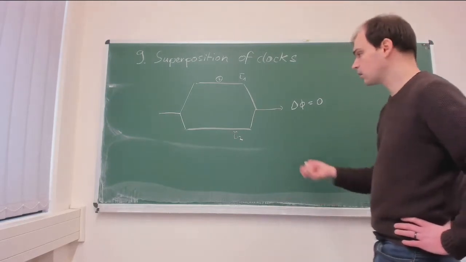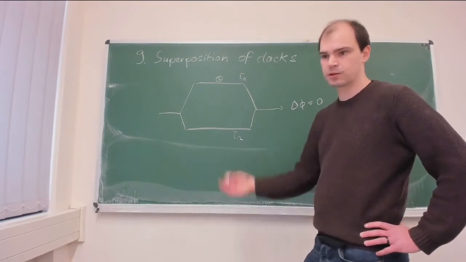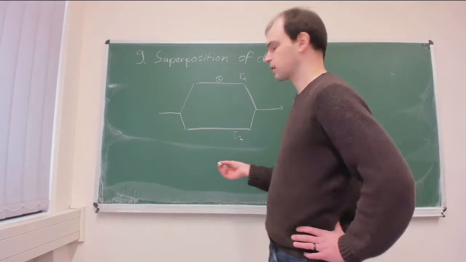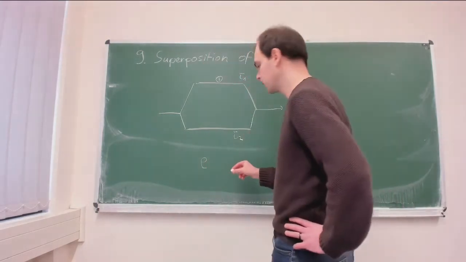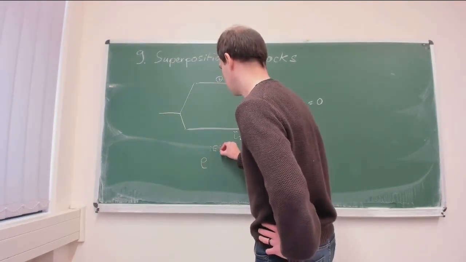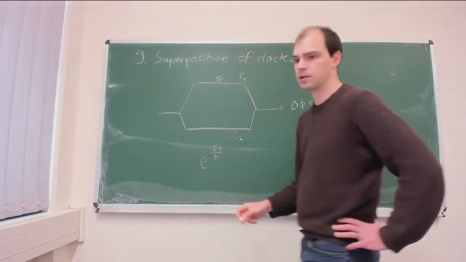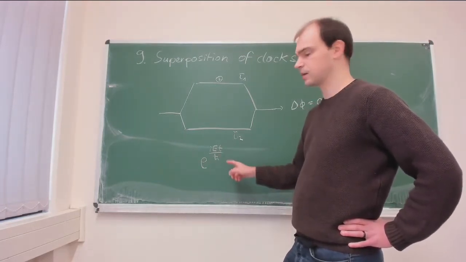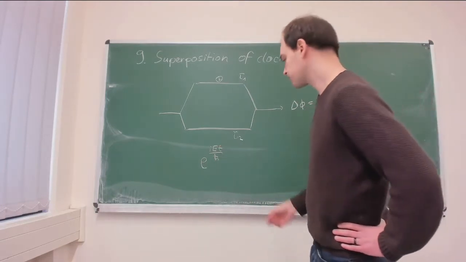Now, you also know that stationary solutions of the Schrödinger equation have a time dependence given by a phase, e to the i times energy times time divided by h bar. So they have an oscillatory phase that oscillates in time with the total energy of the system.